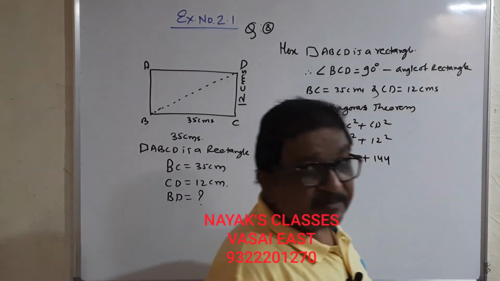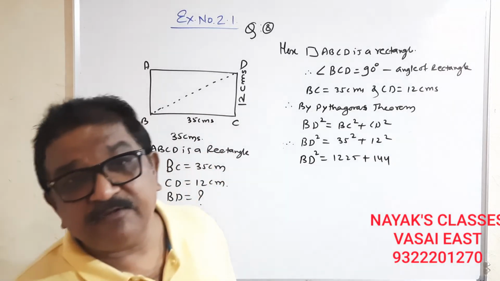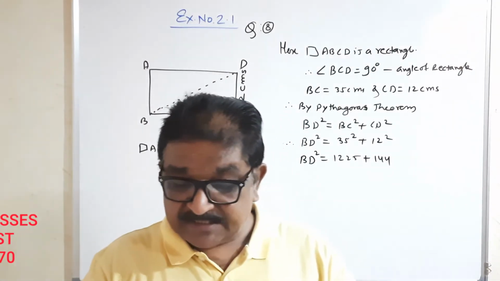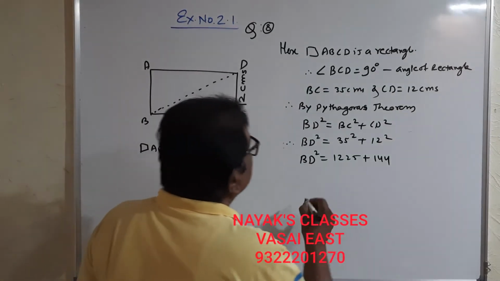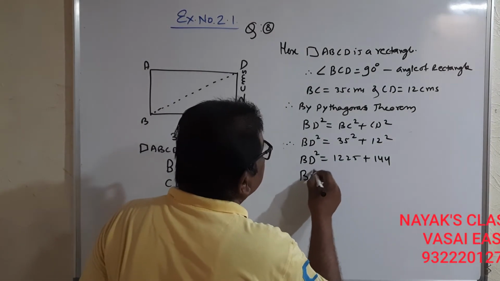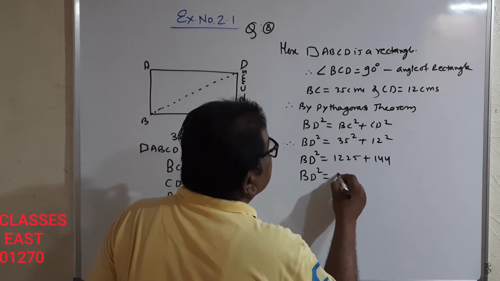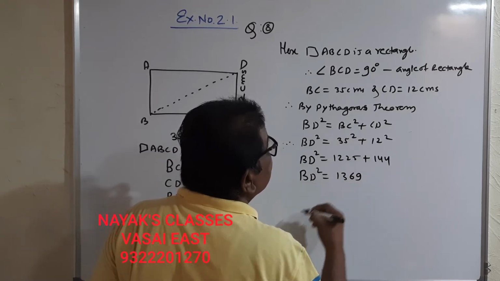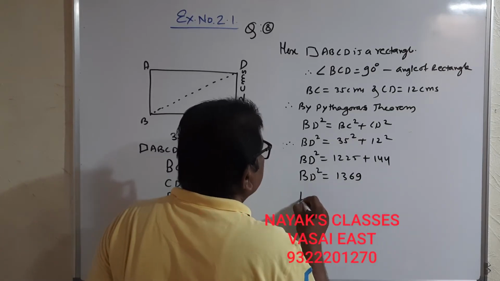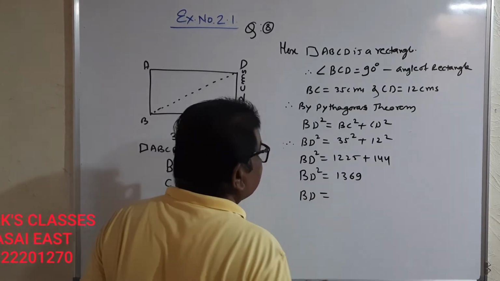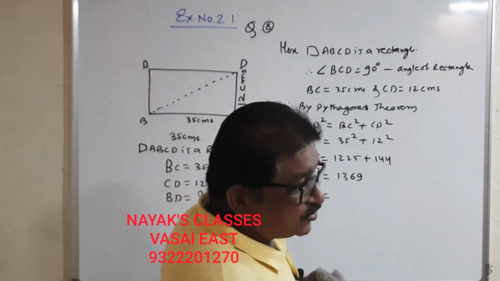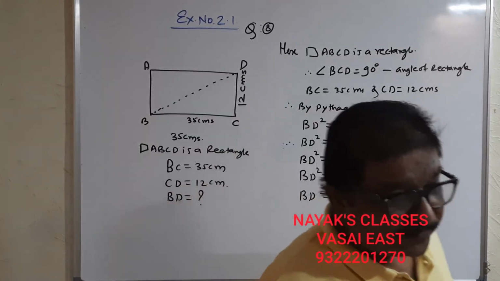This is 8th example of 2.1. So it makes us 1225 plus 144. BD square is equal to 1369.